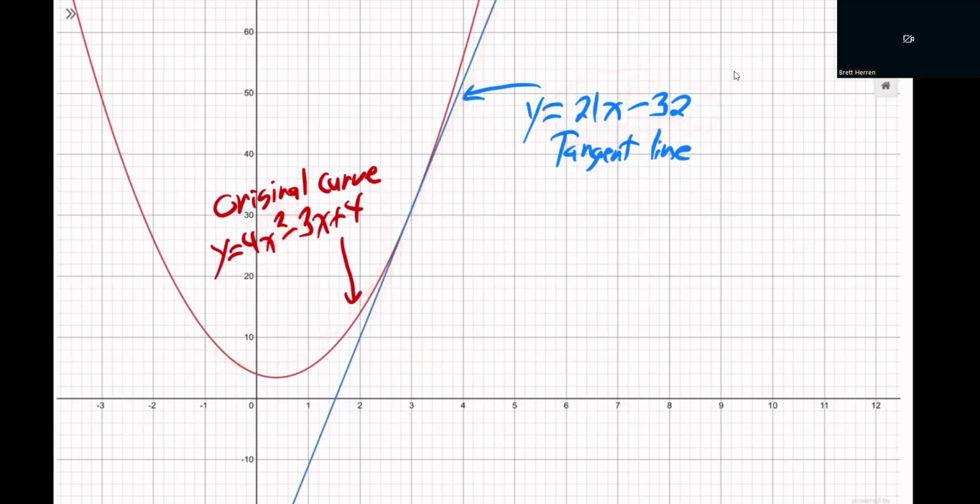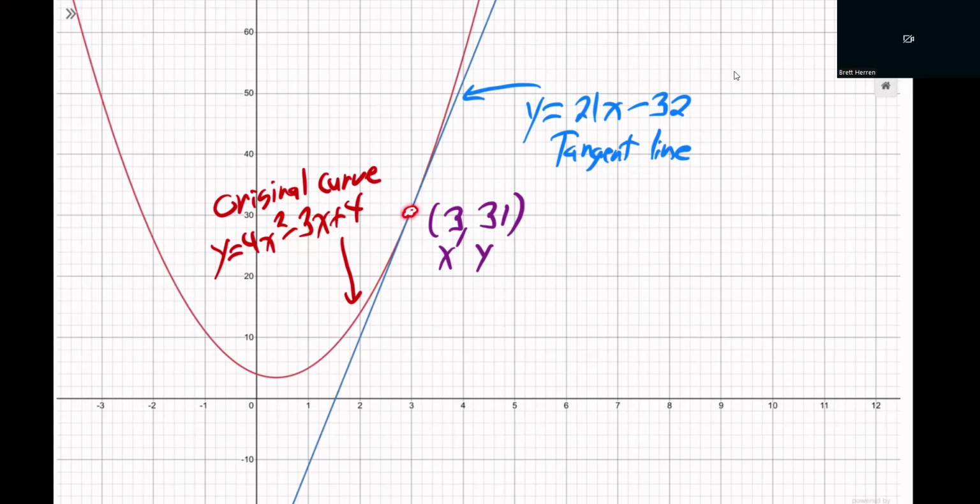A tangent line is a line that barely nicks the graph. In fact, I'll tell you where they hit. They hit right there at x equals 3, y equals 31. We'll find that in a minute. But basically, a tangent line is a line that barely nicks a curve in only one point.